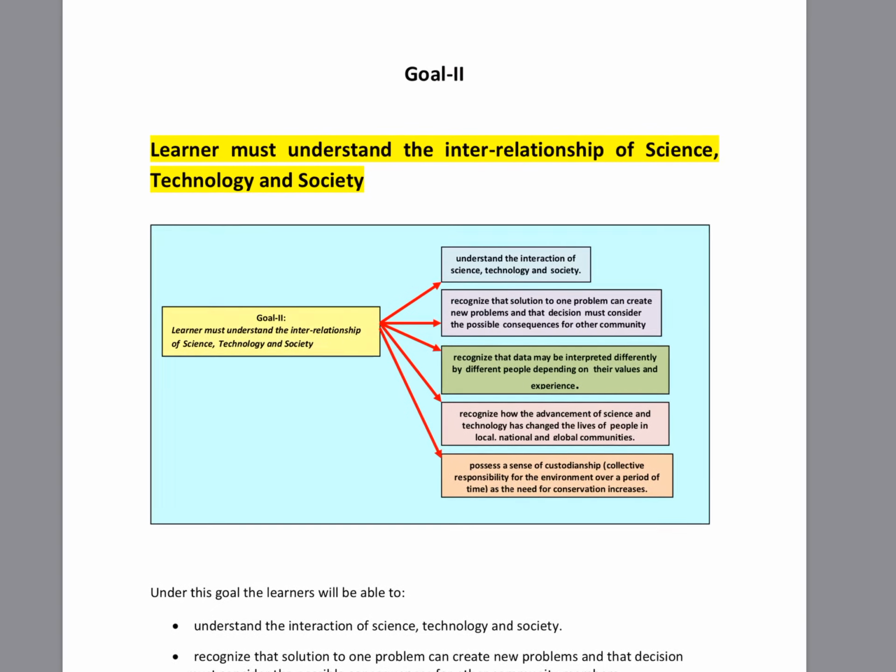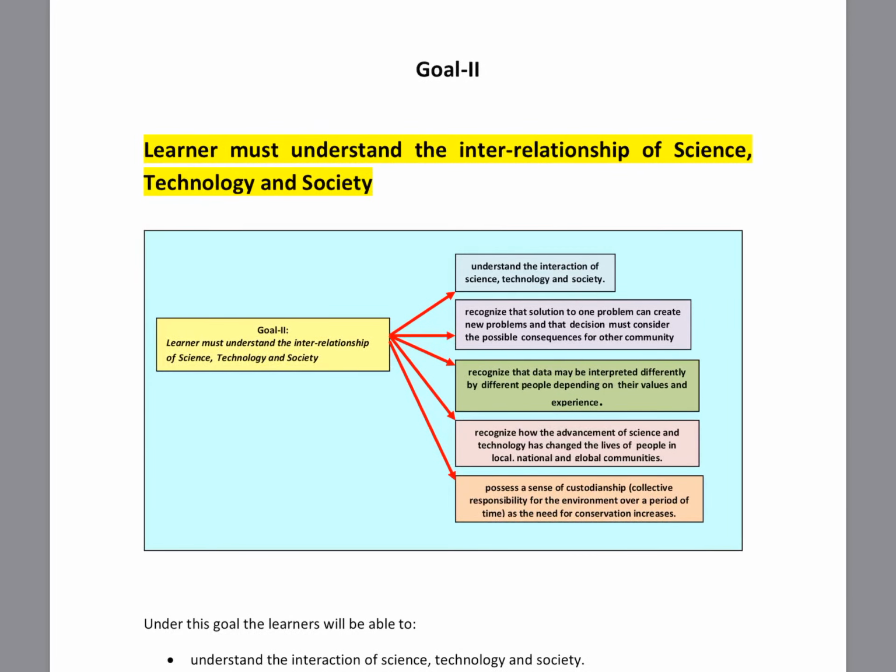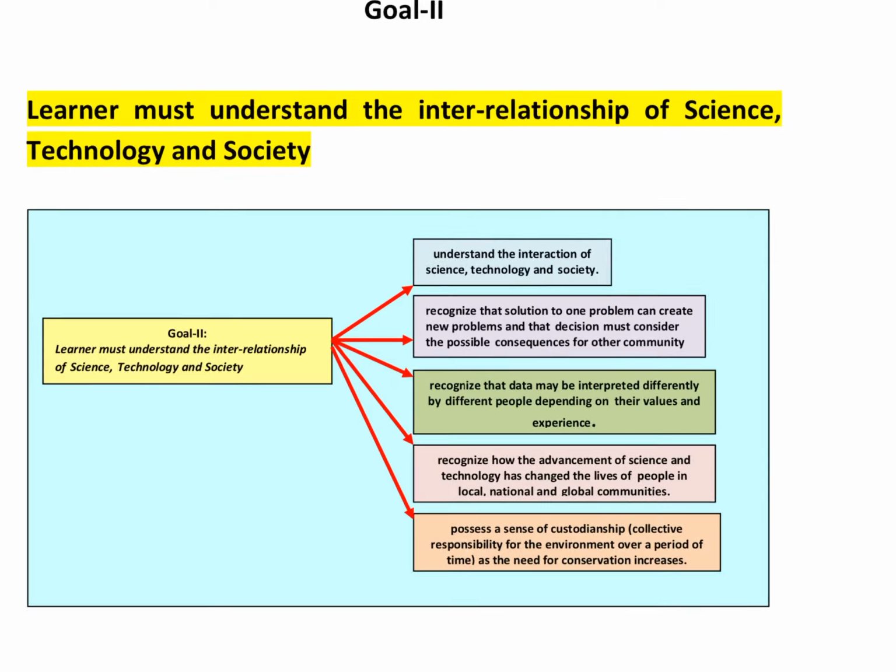As per NSF Washington under Project 2061, goal 2: the learners must understand the interrelationship of science, technology and society.